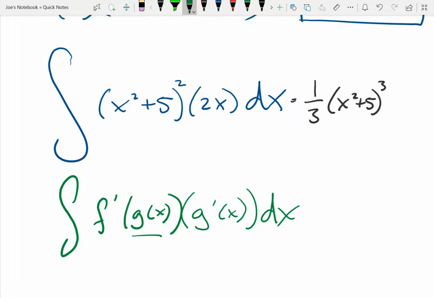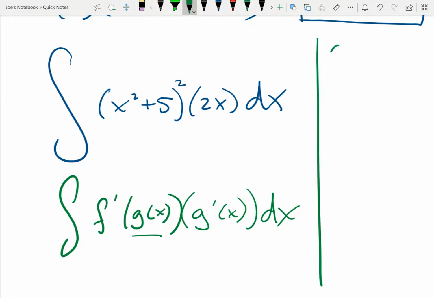So let's look at this and see if all of our pieces are there, because this is where it all happens. Don't think too much about the prime to start with. This is my suggestion, things will come to you. What I would like you to see is, can you find an outside function?